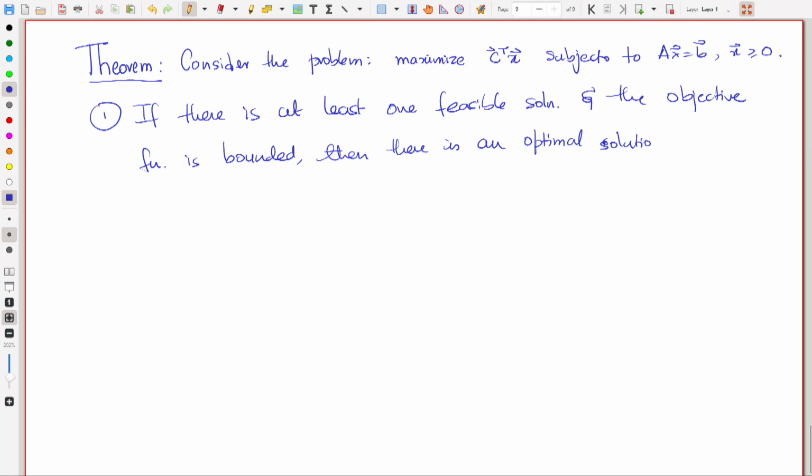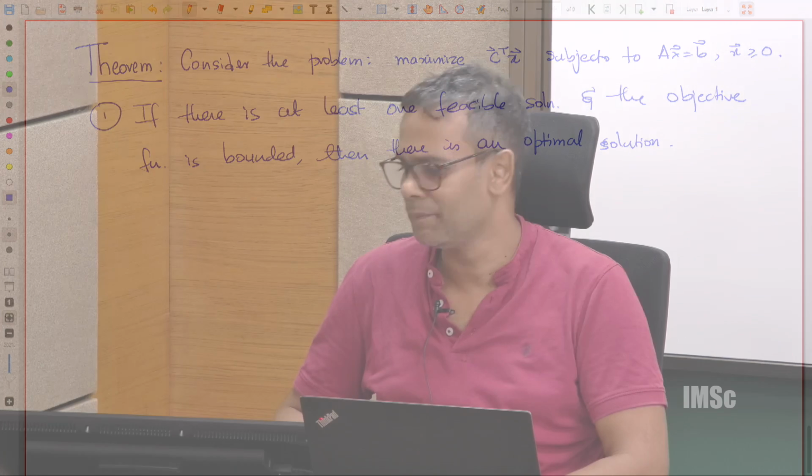I am not saying that it is unique, but there is an optimal solution. This is essentially a topological argument. The set of values that the objective function takes is going to be bounded above, and it is given by closed conditions. So, it is going to attain its maximum.